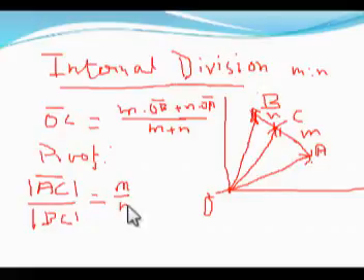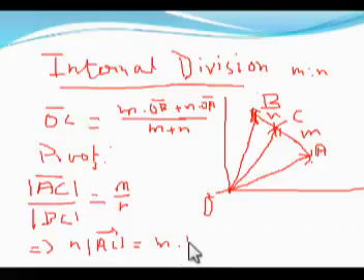So it can be written that n into the modulus of AC vector equals m into the modulus of BC vector.